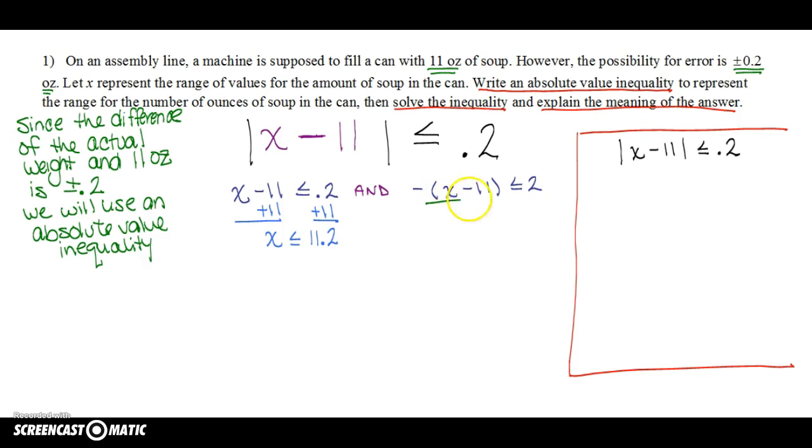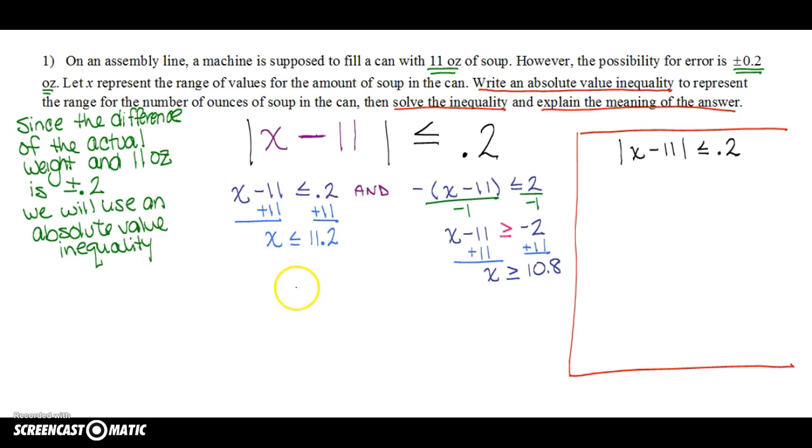On the right-hand side, I will divide by -1 right away. Don't forget to flip the inequality. I'll solve by adding 11. And x is greater than or equal to 10.8.